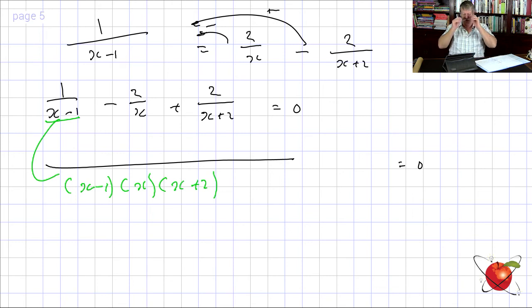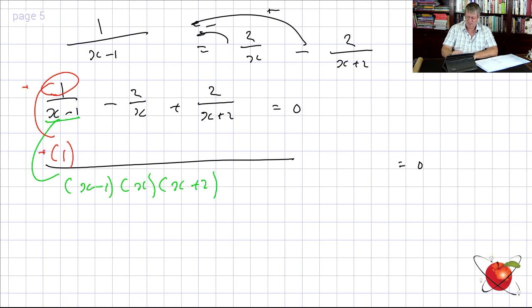The next step is to bring down your numerator from the first one with the sign. So that's a 1 and it's a plus. Then x minus 1 goes into here. In other words, the x minus 1 cancels out that one, leaving us with x times x plus 2. We bring down the next numerator with the sign, minus 2.